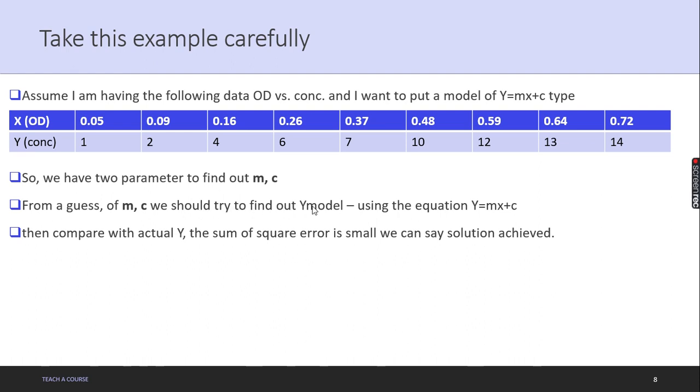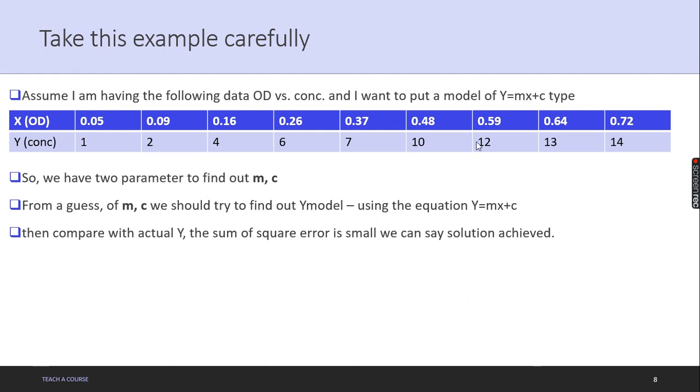We have to find out the model values based on those guess values for m and c. In this case, x is going to be the independent variable and y is our dependent variable, so we will find the model y based on the equation mx plus c, but we already know the actual y.